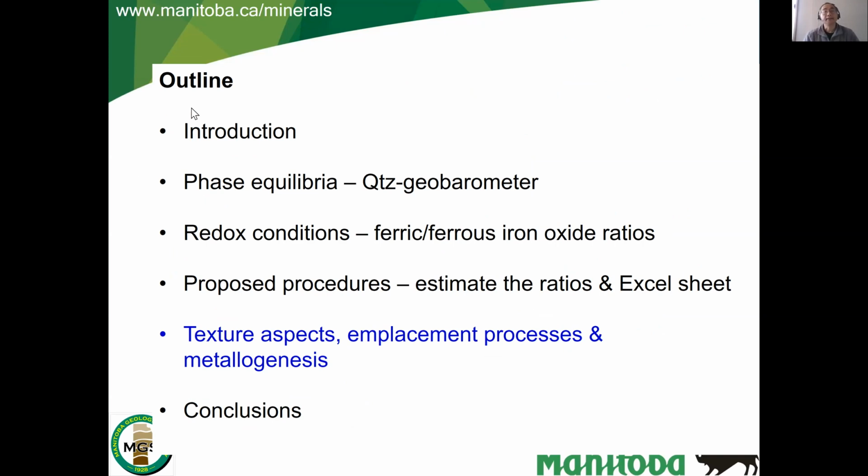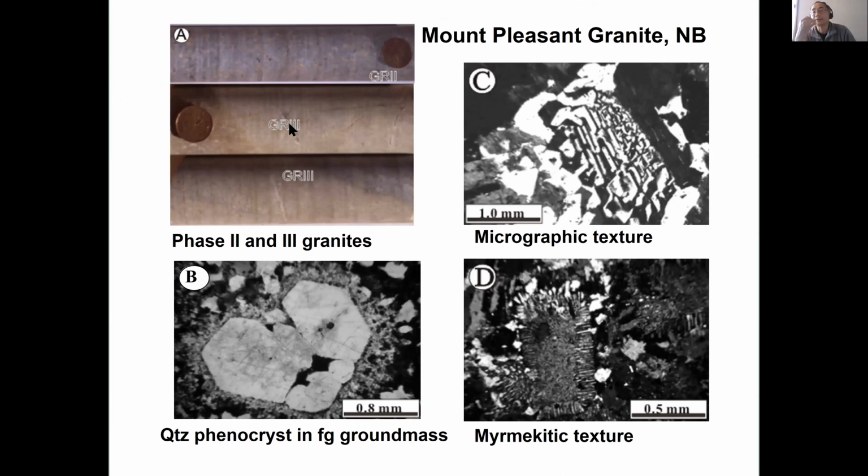This is from Mount Pleasant in New Brunswick. We can see some micrographic textures, and also some miarolitic textures, and this very beautiful quartz phenocryst seated in the fine-grained felsic groundmass.